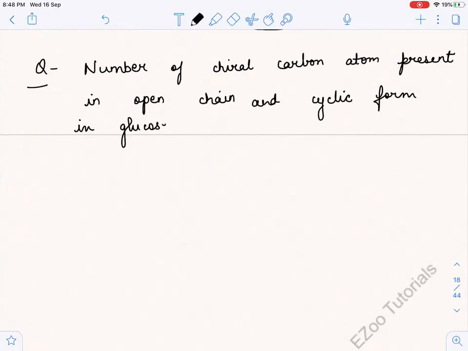So take out your copy quickly and draw glucose in two forms, open chain and cyclic form.